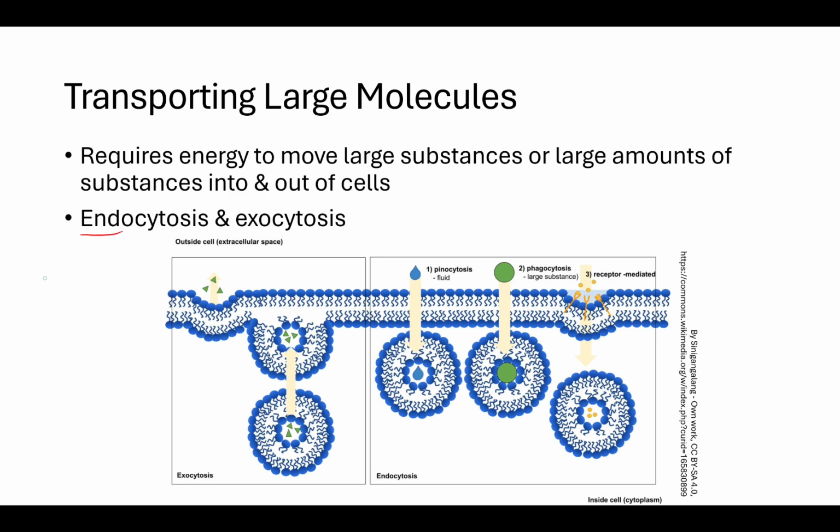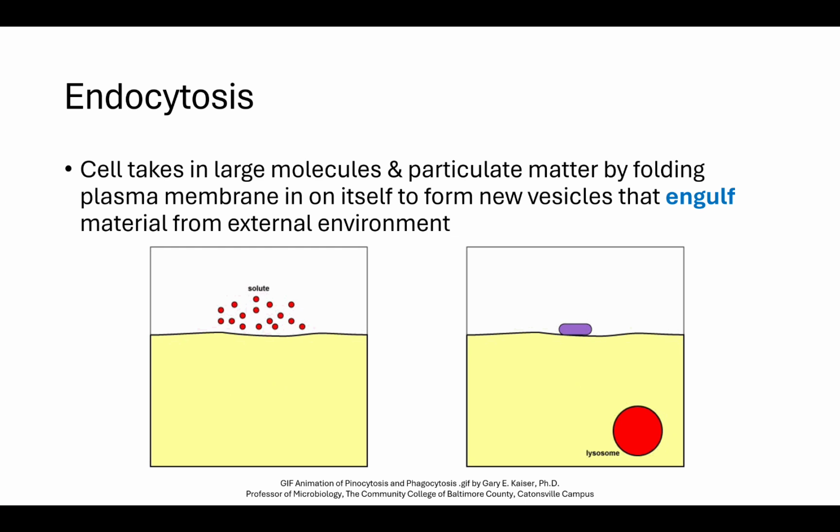So the name endo means inside, and that means that you're moving stuff into the cell, like what you have in these three diagrams here. There are three different types of endocytosis. You're not required to learn about those for the AP Bio test. And then exocytosis means outside. So you're moving stuff to the outside of the cell. And there's really only one type of exocytosis.